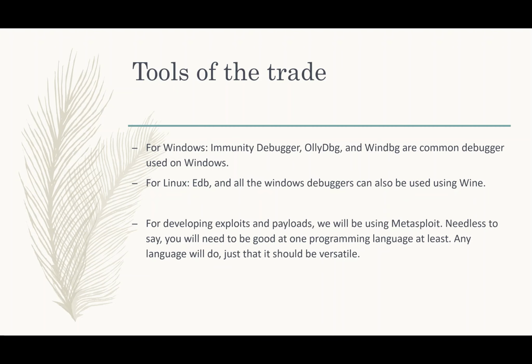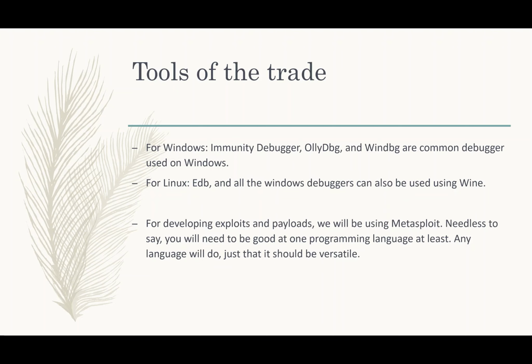For developing exploits and payloads, we'll be using Metasploit, obviously. There are two things mainly that we'll be focusing on with Metasploit. One is finding pattern offsets and creating patterns through their Ruby files. The second would be creating the payload, basically stuff in hex. You'll see what I mean later.